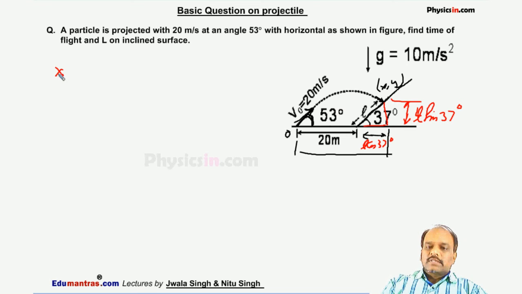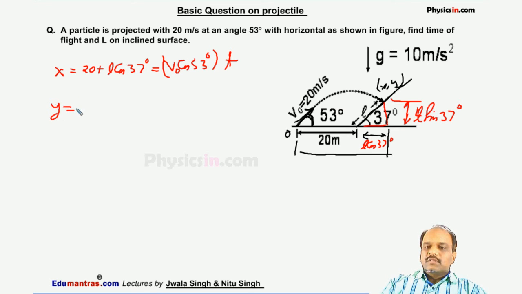So we know x is equal to 20 plus L cos 37 degree, which is equal to the horizontal speed of the particle, means v naught cos 53 degree into t. Second thing, y coordinate.